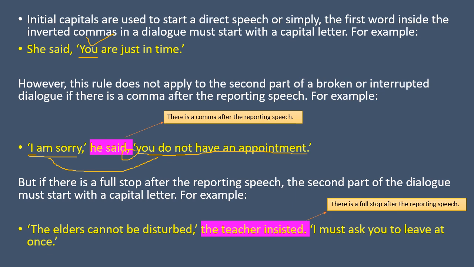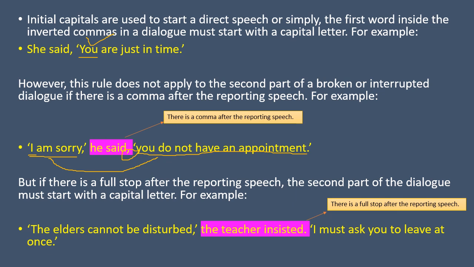Okay, the second part of the broken or interrupted dialogue does not start with a capital letter even inside the inverted commas. So you remember that. If it is just one sentence, the first letter of the first word is capital inside a speech mark.